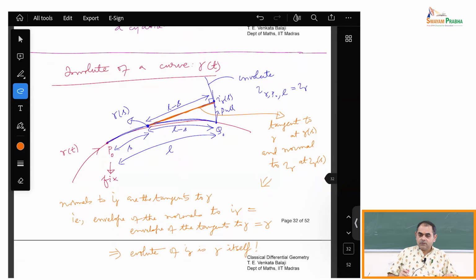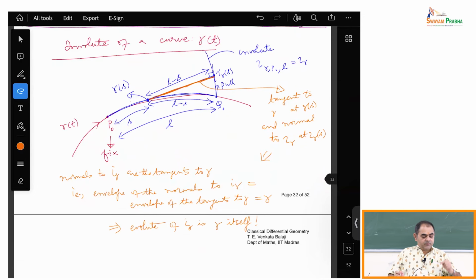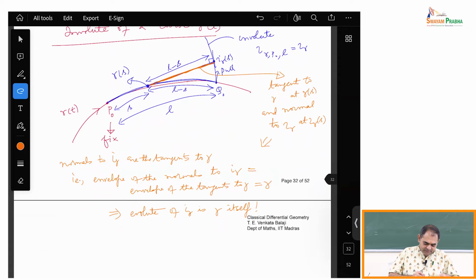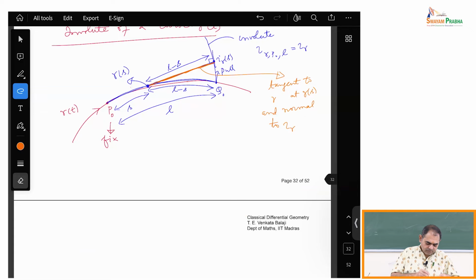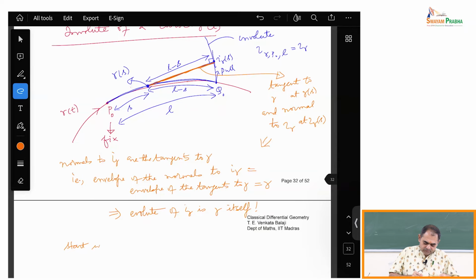So what has happened is that you start with the curve, go to any involute, there can be many involutes, then you take the evolute, you will get back the original curve. So start with any curve, then take any of its involutes.